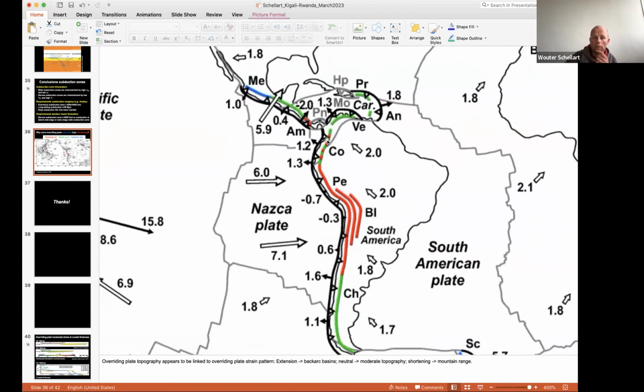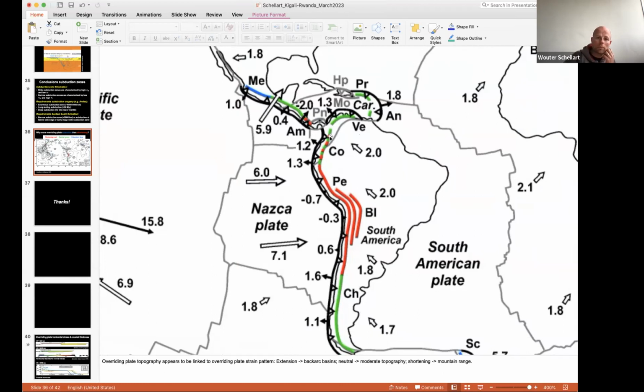And then you'd expect, at least from what the modeling predicts, that it changes from a rather compressional setting, with overriding plate shortening, to a regime with overriding plate extension. As the slab becomes narrow, it tends to subduct through trench retreat and not through subducting plate motion.